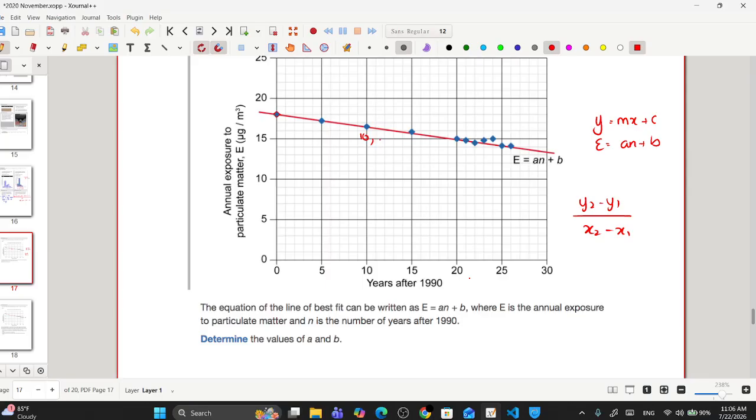So if we were to apply this formula, we get 16.5 minus 17 over 10 minus 5. So 16.5 minus 17 becomes minus 0.5 and 10 minus 5 becomes 5.